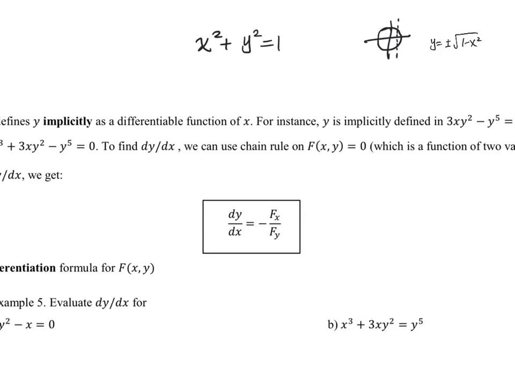You treat y as a function of x. Back then, we differentiate both sides with respect to x. So here you get 2x plus, and when you find the derivative of y, you have to use the chain rule. So it's going to be 2 times y because it's power 2, so 2y times the inner function, which is dy/dx, and then equals 0.